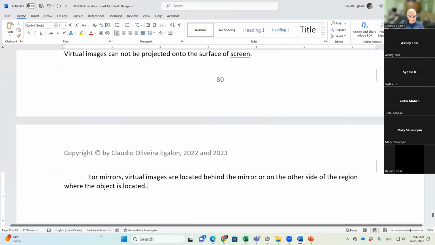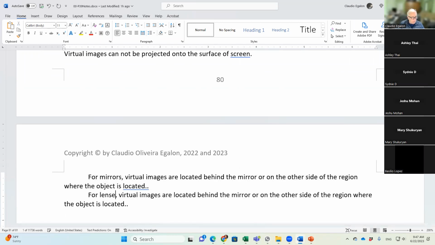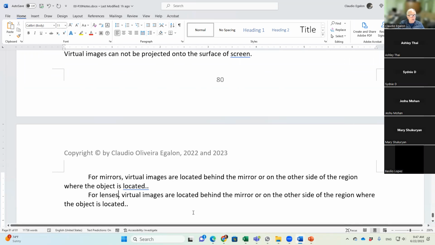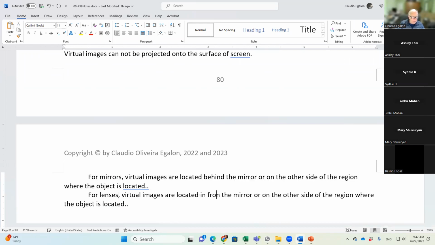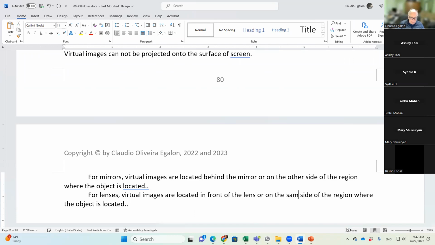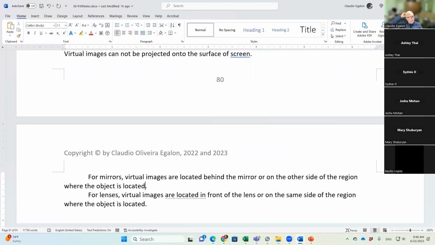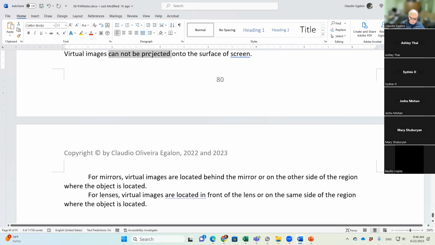Now, what about for lenses? For lenses, virtual images are located in front of the lens, or on the same side of the region where the object is located. That's very important. If you cannot project the image, then that image is virtual.